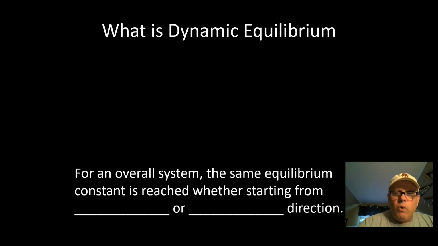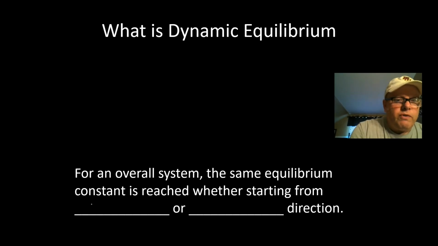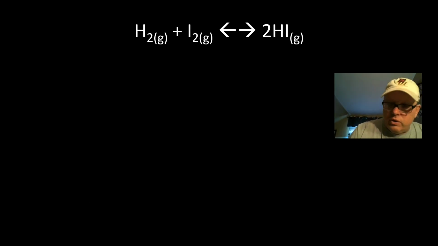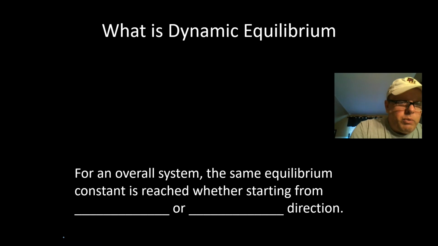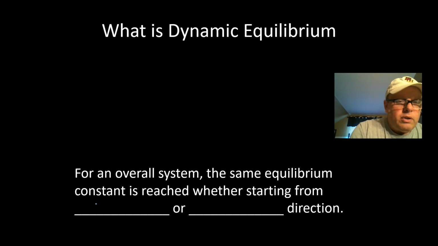For the overall system here, the same equilibrium constant is reached, whether you start from the forward or reverse direction. So it doesn't matter which side you start from. You'll still end up at equilibrium, whether you start from the product side or the reactant side, the forward or the backwards.